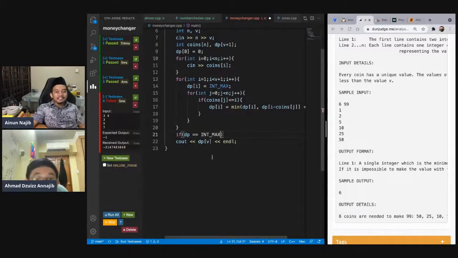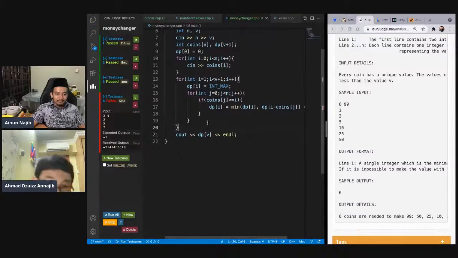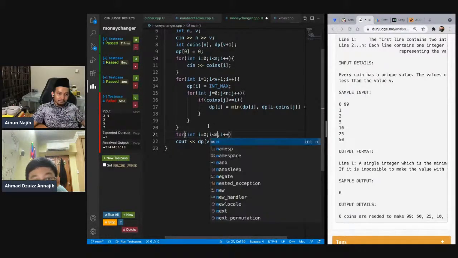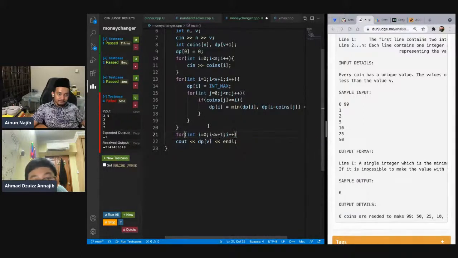Let's try printing the whole dp first. Remove the output and just print the whole dp. i equals 0, plus wrong order, i smaller than V. Plus one.